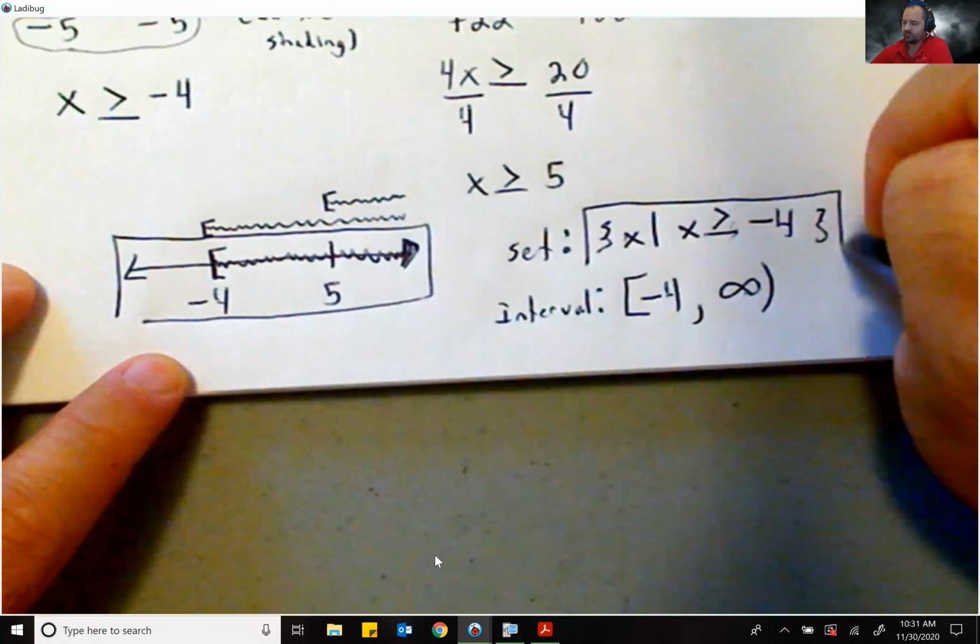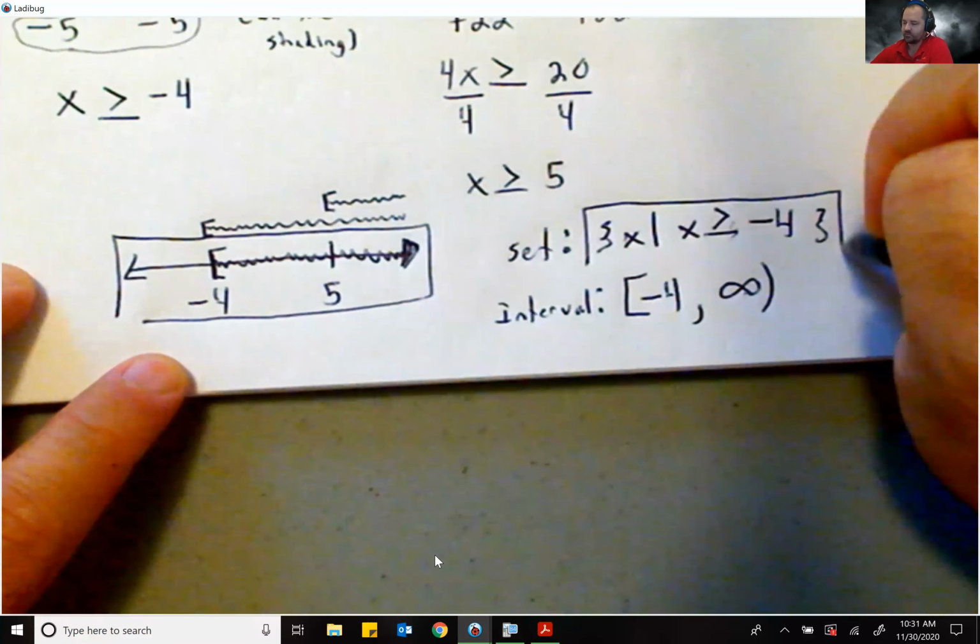Just so you know, if this was an OR, answers as sets usually look like this. You've got x less than or equal to your number, that is the small one, or x greater than or equal to your other number, which is the large one. So these are the two answers that tend to get put in there.